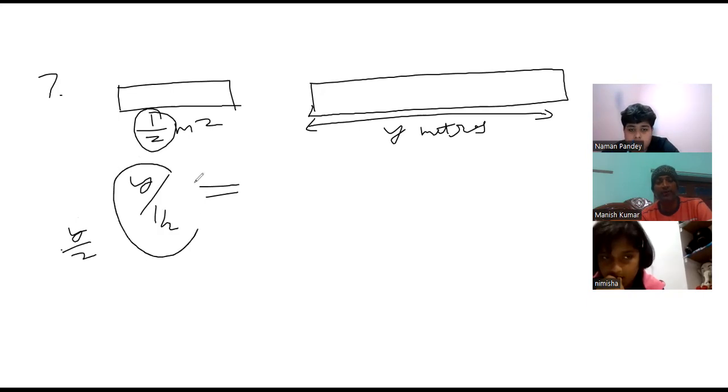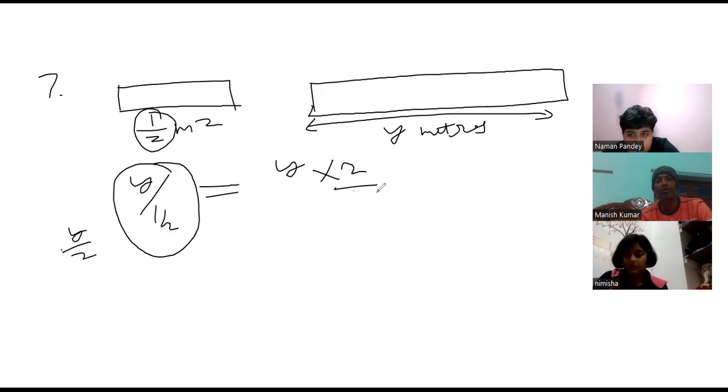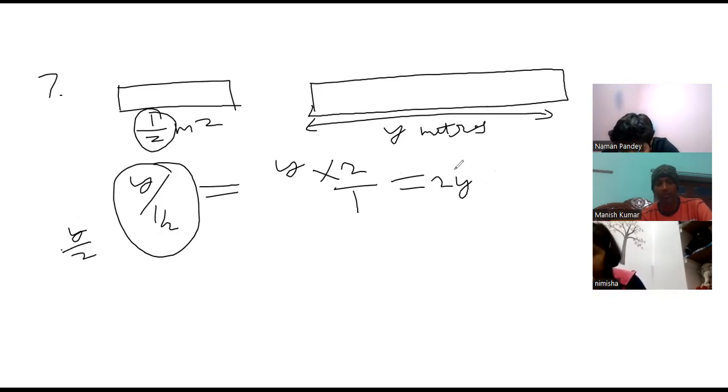If it is written as y divided by 1 by 2, then you get y into 2 by 1, equal to 2y. This much will be required. Is there any option 2y? Yes, sir. First option is only 2y. This was a very simple question. Understood? Yes, sir. Now let us move to the next question, that is the eighth one.